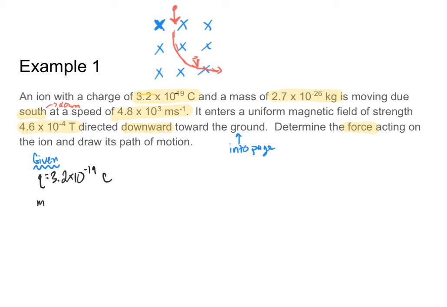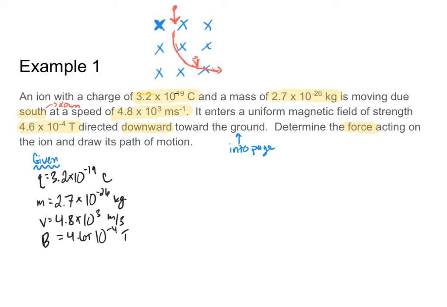I know that the mass of my particle is 2.7 times 10 to the negative 26th kilograms. I know that the speed of my particle, v, is 4.8 times 10 to the third meters per second. And I know that the strength of my magnetic field is 4.6 times 10 to the negative fourth Tesla.